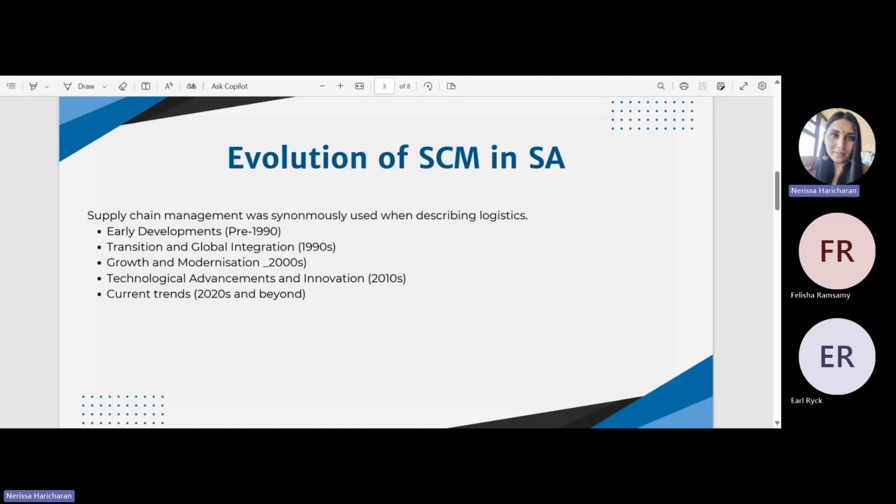Then we want to talk about the different transition processes. If we go into the 90s, we want to talk about the PPPFA, the Preferential Procurement Policy Framework Act, where there were a lot of regulations from a government perspective.